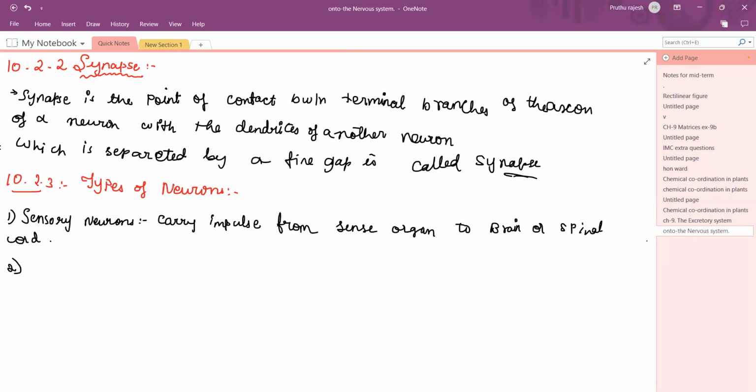Second one is motor neurons, carry impulse from the brain or spinal cord to the effector muscle or gland.